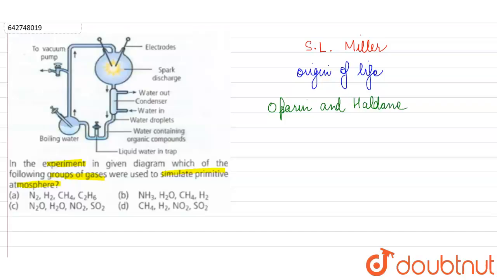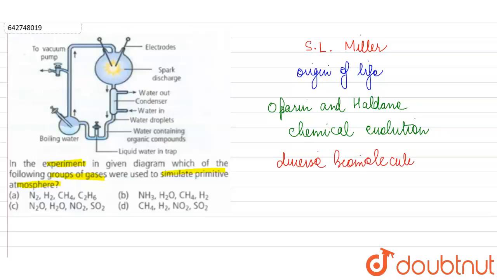What did Oparin and Haldane say? They thought that the origin of life must have been preceded by chemical evolution, that is, first, many diverse biomolecules must have been formed from the non-living substances or the inorganic constituents.